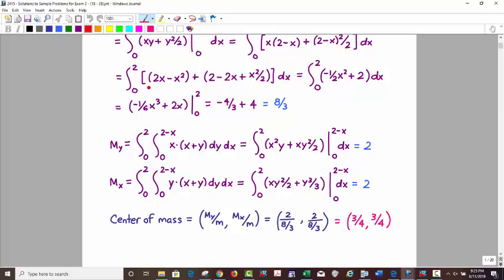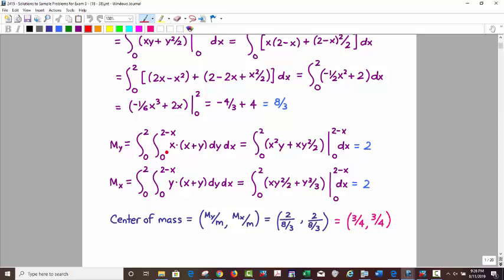It's just basic algebraic terms. But the setup's important here because the region of integration will be the same for all three of these double integrals. So once you have it set up the first time, you can use it for the next two. For the My moment, it's always x times your density function.